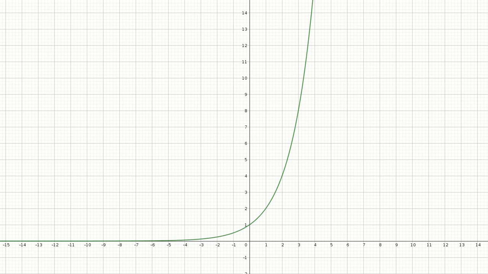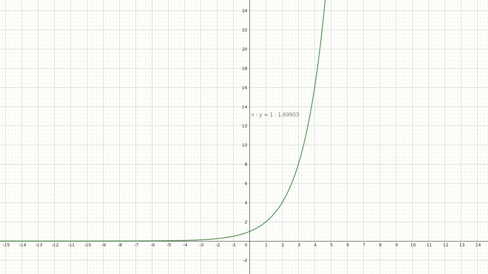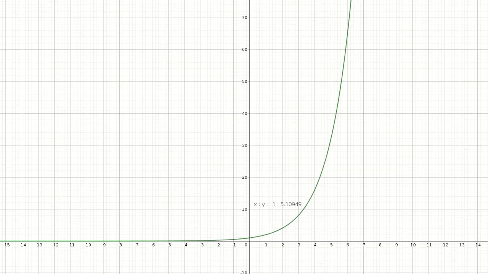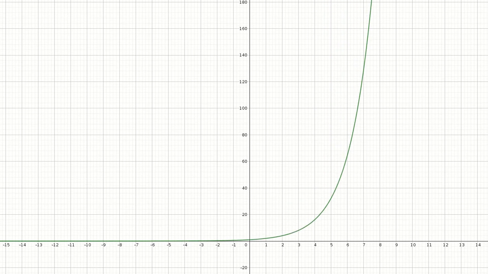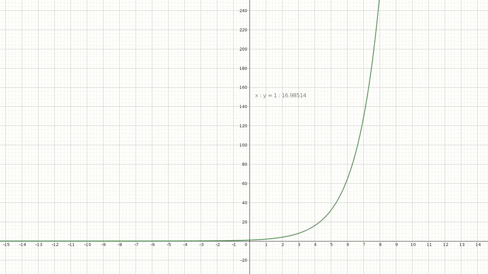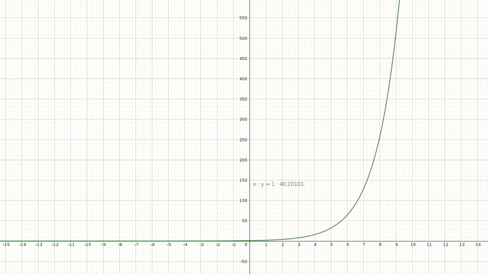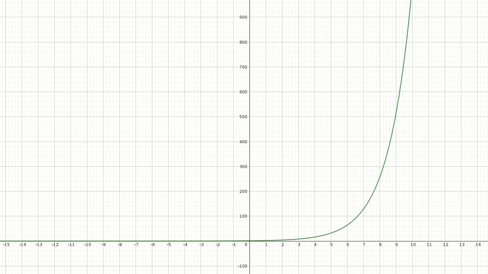If we want to see more of what's going on to the right of, say, 3, we might want to make the scale of the y-axis different. Now notice that the y-axis is getting lots bigger than the x-axis, and that's the only way that we can see how this is doubling.